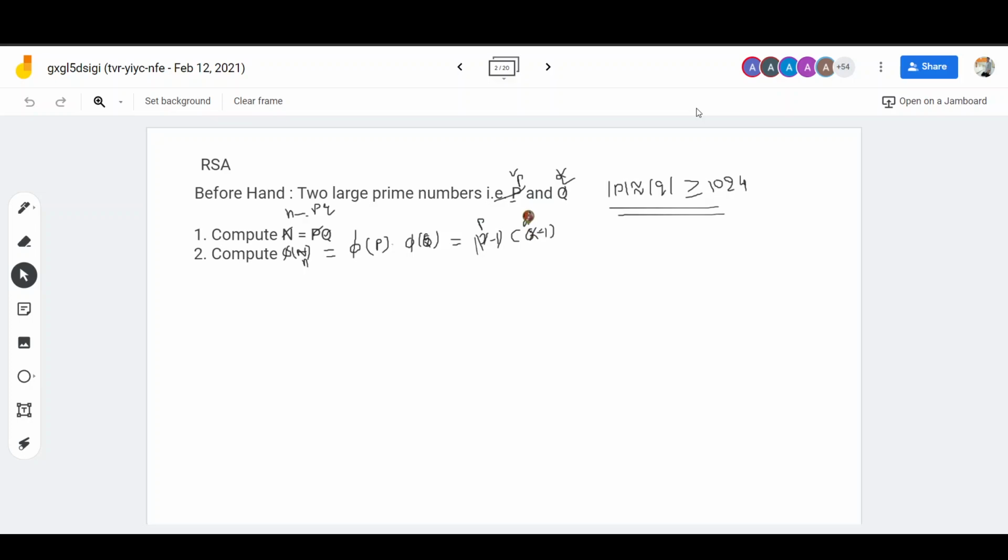Keep that in mind. Now the third point: choose any number, call it e.